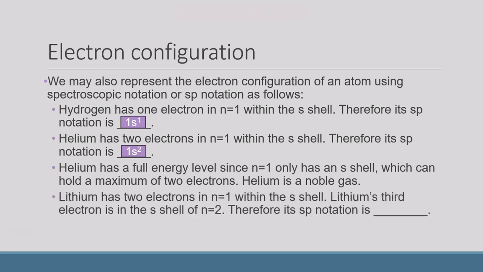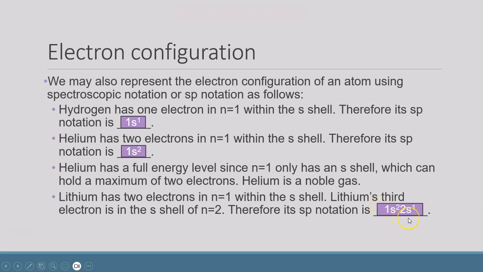Now, lithium has 2 electrons that are going to fill up the first energy level, obviously the s shell of the first energy level. Lithium's third electron is going into the s shell of n equals 2. So the SP notation of lithium is 1s2, 2s1. 1s2 indicates to us that the first energy level, n equals 1, is full.